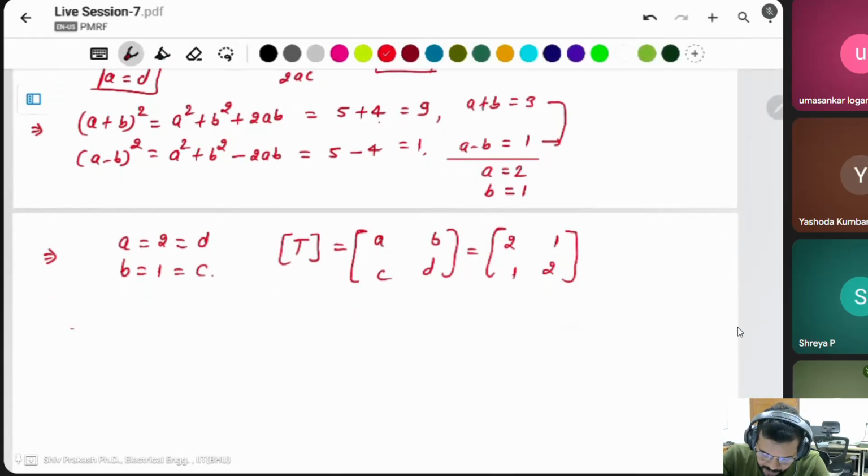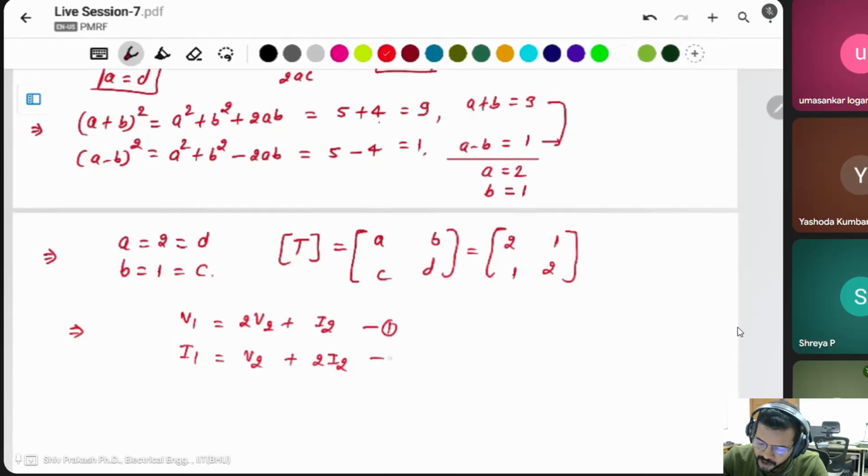You know about the parameters V1 is equal to 2V2 plus I2, I1 is equal to V2 plus 2 I2. From here you can say this is the ABCD, A V2 plus B I2. This will be 1 simply. Again this is V2 plus 2 I2.